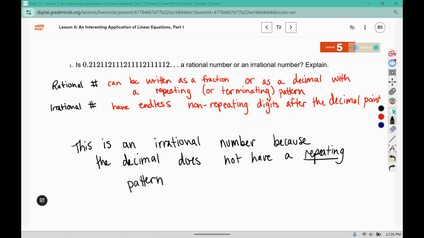It does have a pattern, but it's not a repeating pattern. Again, I would include those notes in red in your composition book for later reference.